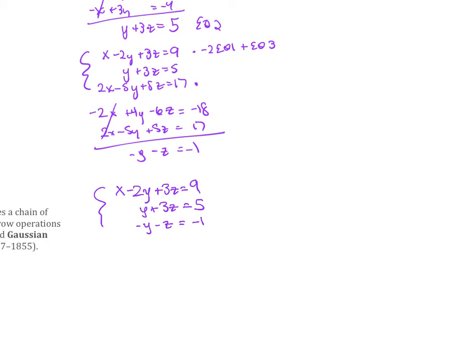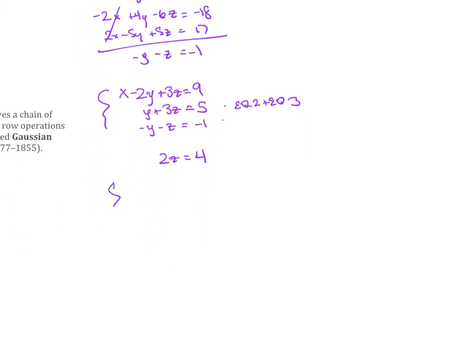You want to leave it as it is instead of dividing by negative, because all I have to do now to get z by itself is add equation 2 with equation 3. When I do that, y cancels out, and I get 2z equals 4.